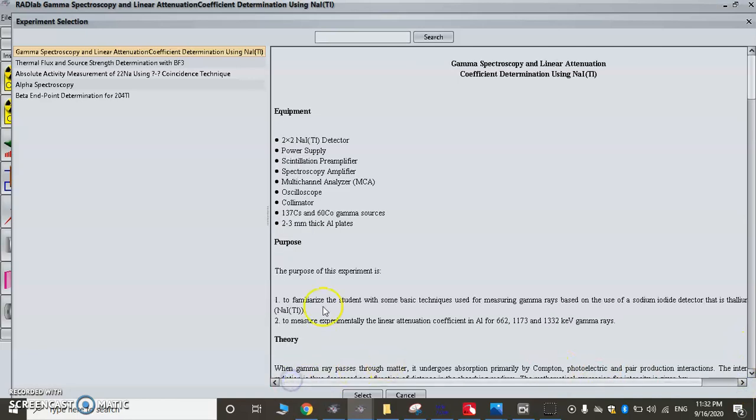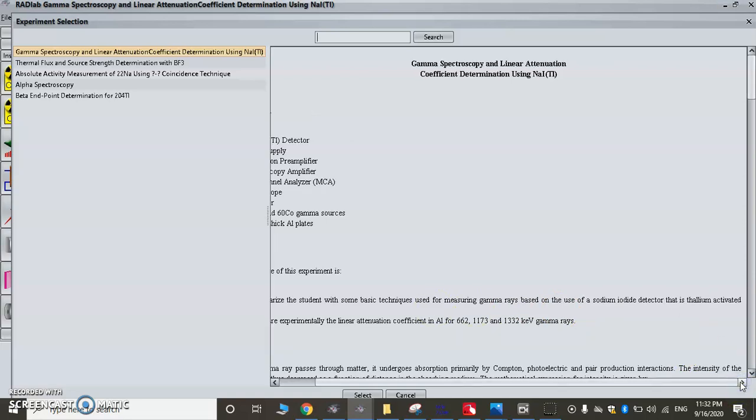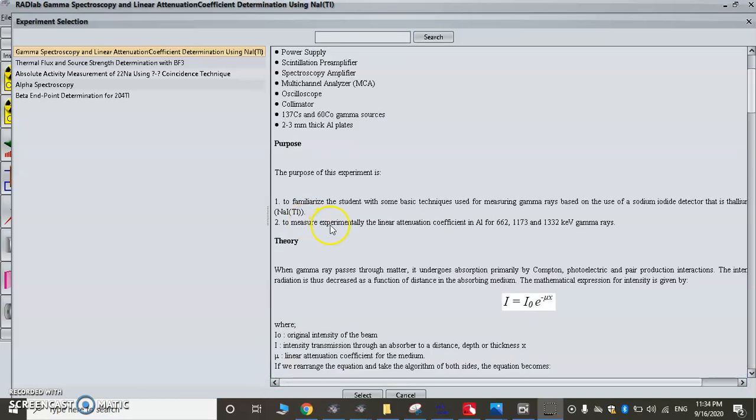Here is the purpose of the experiment: to familiarize the student with some basic techniques used for measuring gamma rays based on the use of a sodium iodide detector, that is thallium activated, and to measure experimentally the linear attenuation coefficient in aluminum for 662, 1173 and 1332 kiloelectronvolt gamma rays.